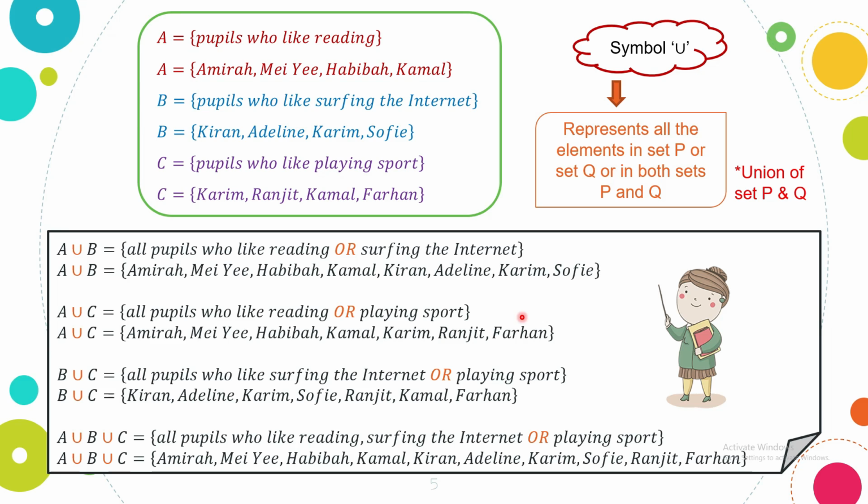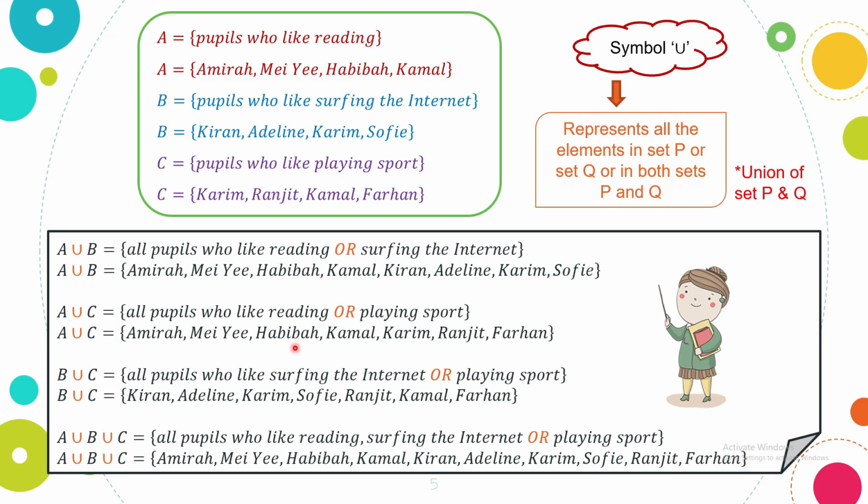If a name comes out two times, just like Kamal, the name is in set A and it is also in set C, so we write it just one time only in the union.